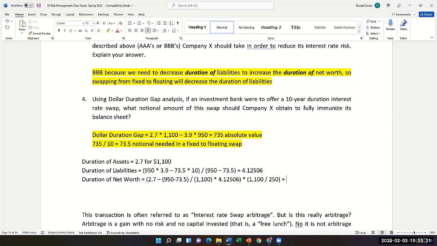Y'all can try this. I'll do it. It may be off a little bit because of rounding. I'm going to do it real quick. Y'all try it and see what you get. Our goal obviously is to get it right at 0. So if you take 2.7 minus open parentheses 950 minus 73.5 divided by 1100, you take that times 4.12506.